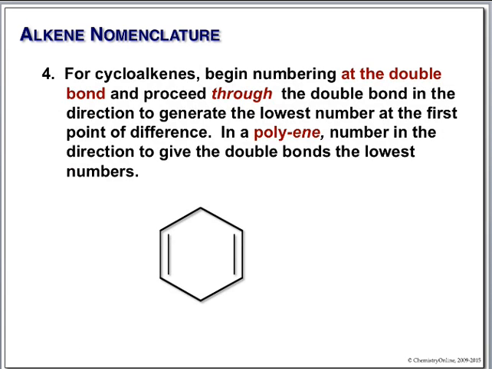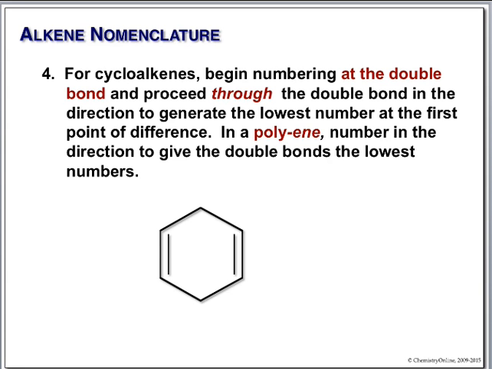Cycloalkanes. We had a separate set of rules for naming cycloalkanes. We're going to have a slightly different set of rules for cycloalkenes. The major rule is that you're going to define one of the alkene carbons as carbon 1.